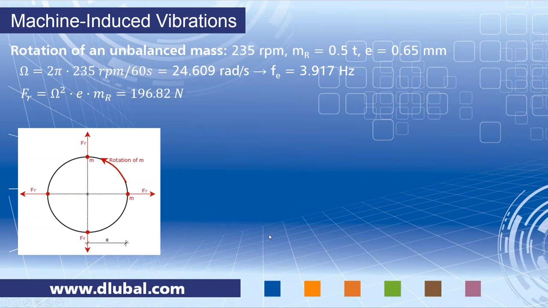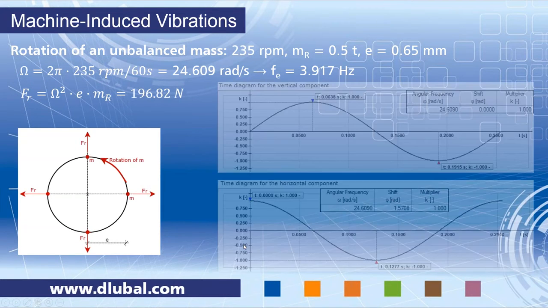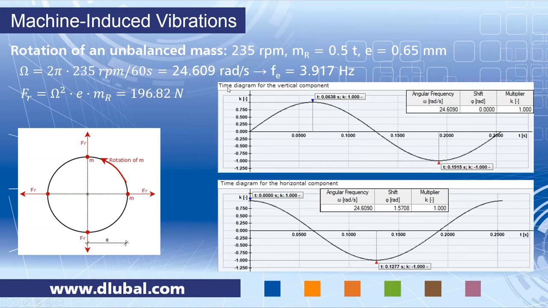And to explain now the connection between the time diagrams and the actual rotating of our unbalanced mass, these are the time diagrams that we are going to define in DYNAM. So we will enter the frequency here, the 24 radians per second. The vertical component will have a shift of 0. So it starts, it's a sinus function, and we have a multiplier here, which is 1.